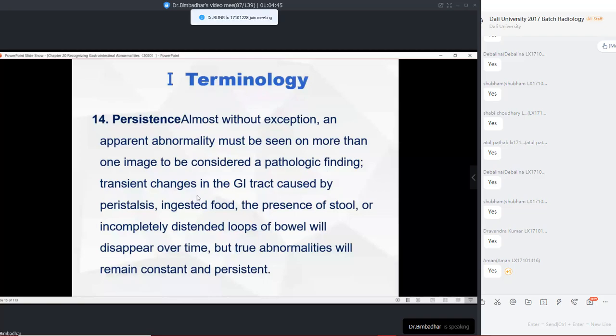Changes caused by peristalsis, type of food ingested, the presence of stool, or incompletely distended bowel loops will disappear over time. Those normal findings can change over time, but true abnormalities will remain constant and persistent.